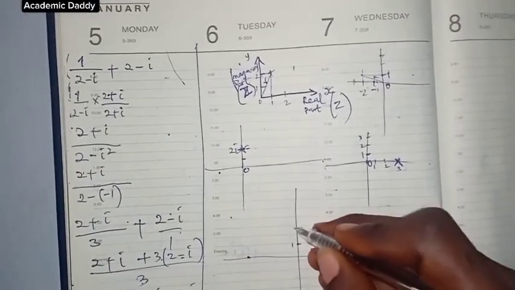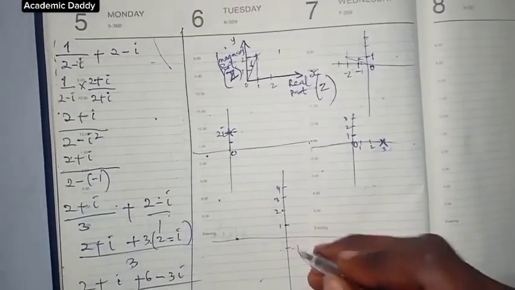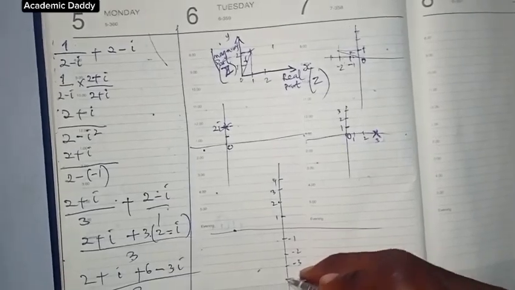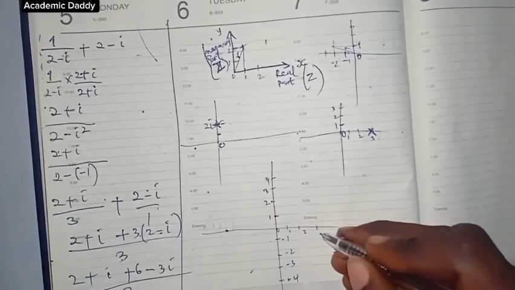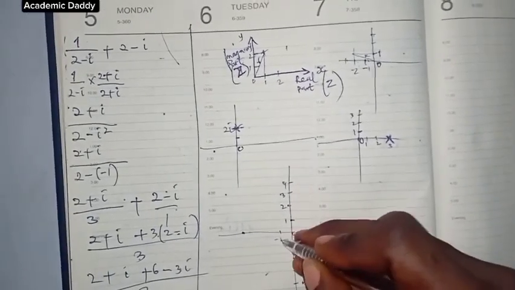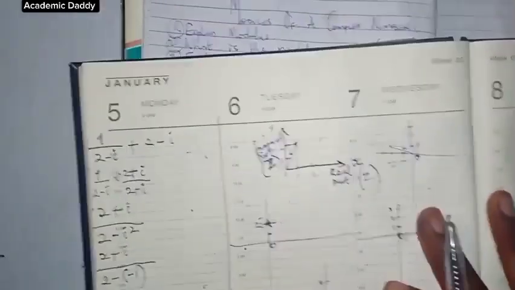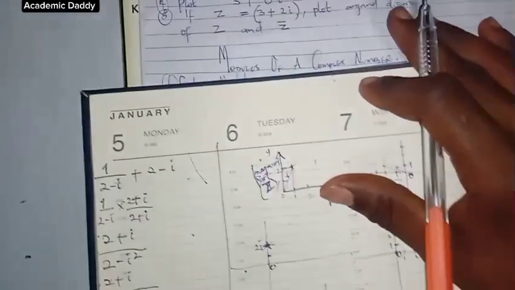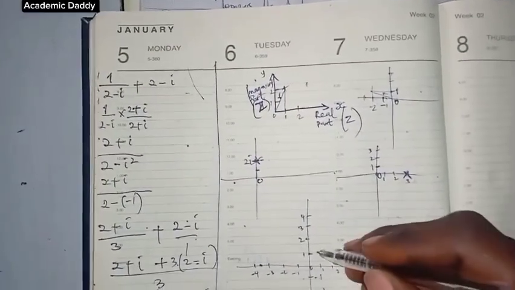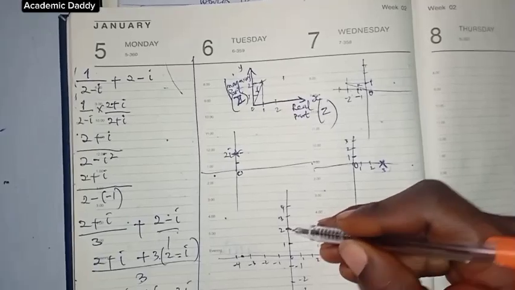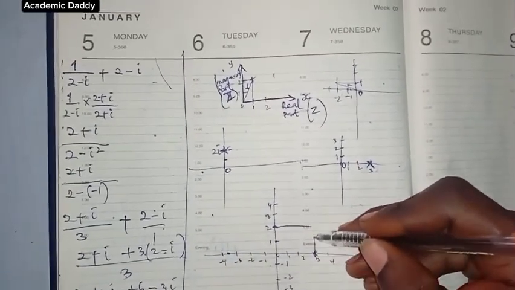I have 1, 2, 3, 4, minus 1, minus 2, minus 3, minus 4 on both axes. If the real part is 3 on the x-axis, then they say 2i, so it simply means 2 here on the y part, 3 here.